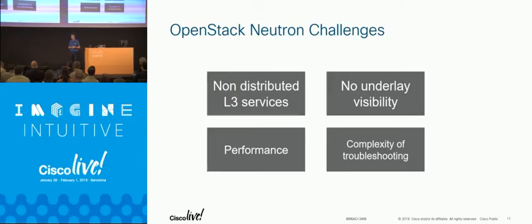And then again, visibility from an operational standpoint. Underlay and overlay are typically two different aspects from an operation and troubleshooting perspective. So it's through some sort of integration, right?